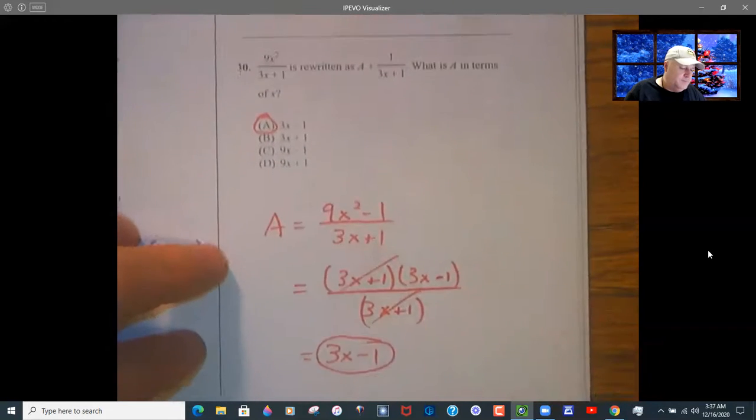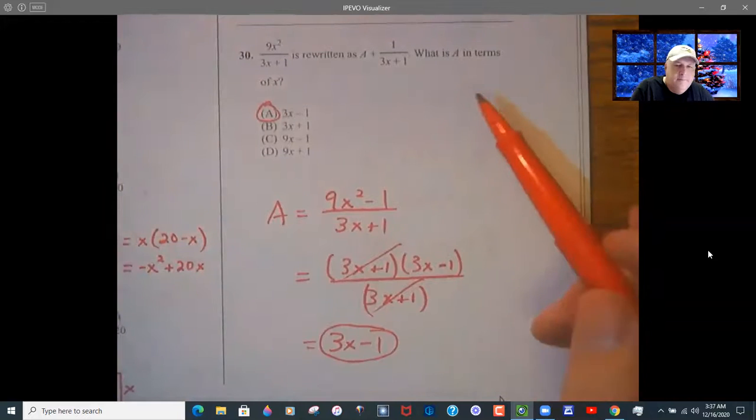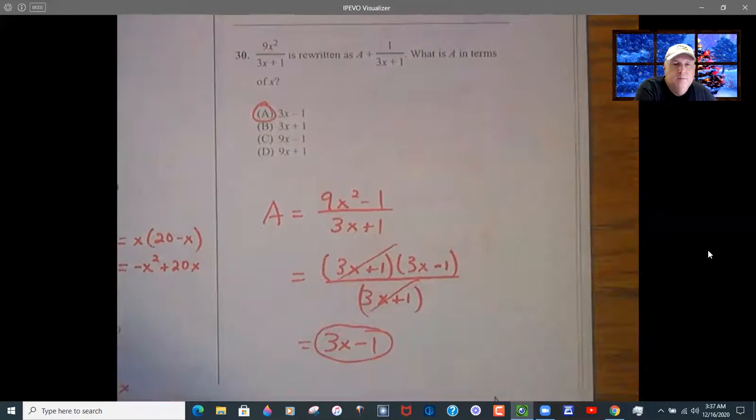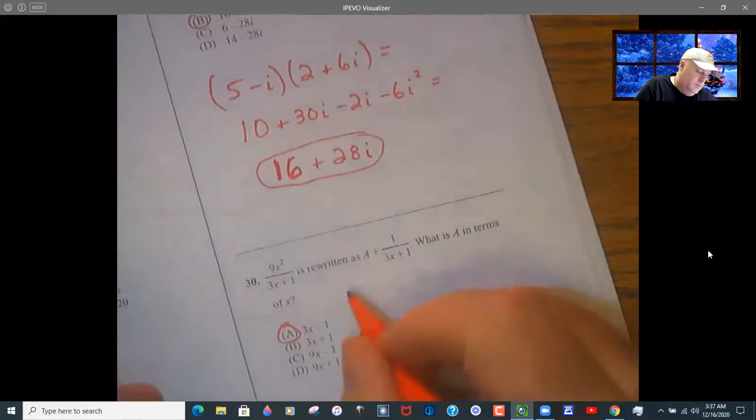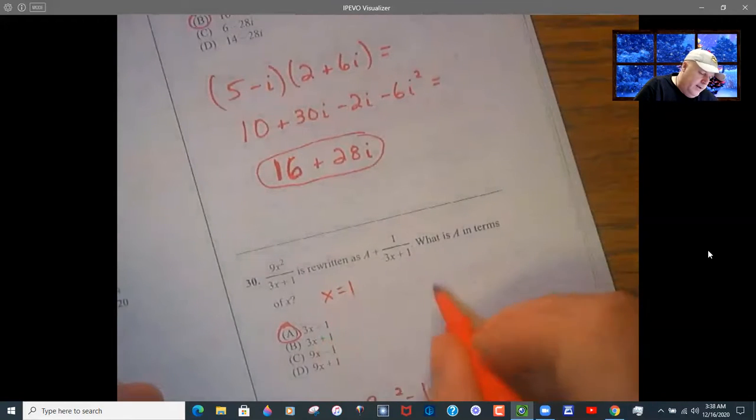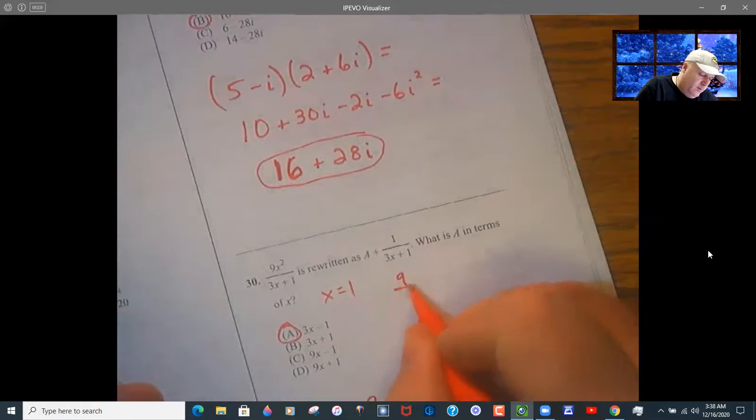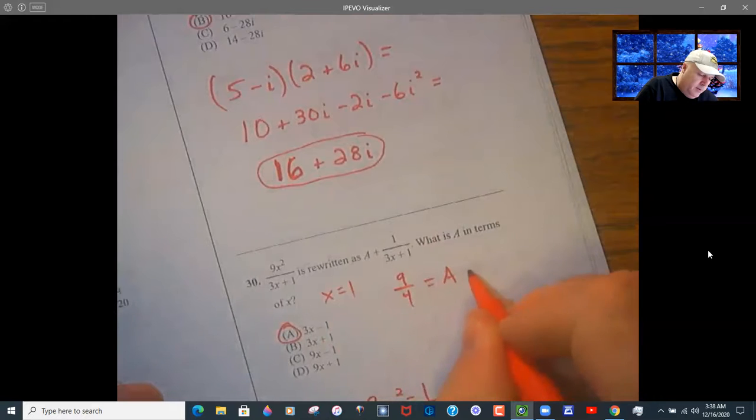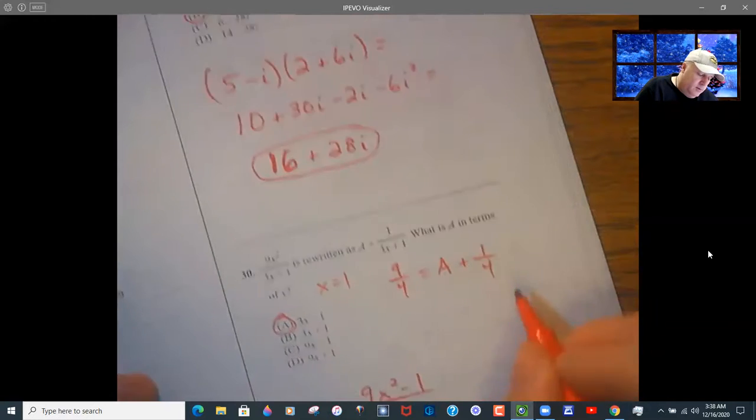Problem 30. Okay, this is rewritten as that. What is a? So it might be useful to try some values of x. Say we chose x as 1. Then we've got to figure out this top. So 9 over 4 equals a plus 1 over 4.